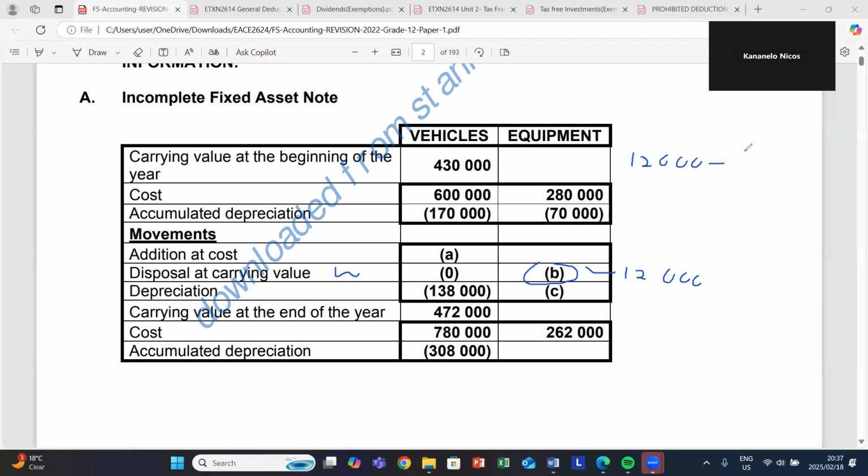For this current financial year, the depreciation is 1,350. Therefore, carrying value at the beginning minus the depreciation gives you 10,650. So that's why we wrote 10,650 instead of 12,000.